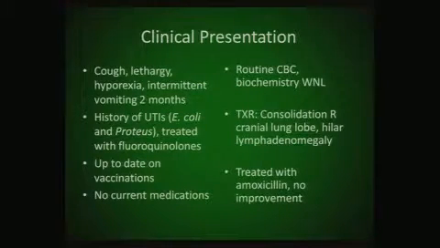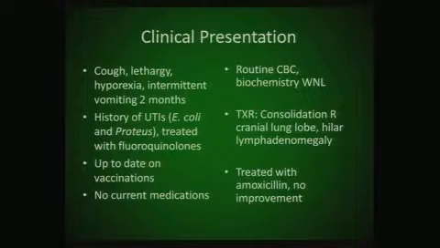And Shasta's main complaint was coughing. Shasta's owners took her to her local vet with a 2-month history of an intermittent cough that was occasionally productive and occurred multiple times a day. She had progressive lethargy, reduced appetite, and occasional vomiting over that period of time. She had a history of urinary tract infections prior to that, which had been treated with fluoroquinolone antimicrobials.